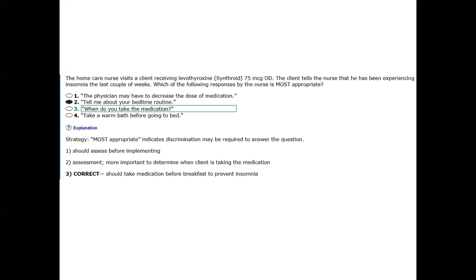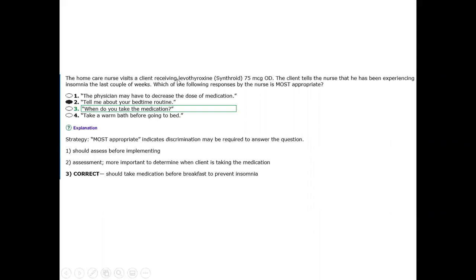So it is good to hold the medication if the pulse rate is greater than 110. Let me recap it: if our patient takes levothyroxine, it would be good to hold the medication if we get a pulse rate of more than 110 beats per minute.